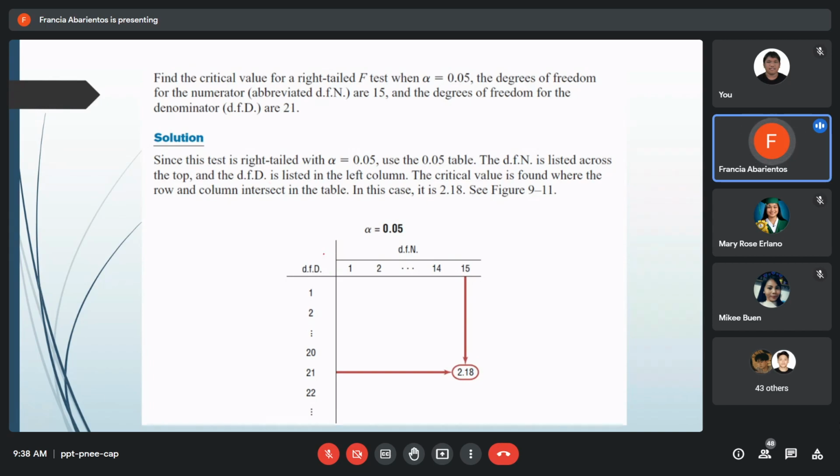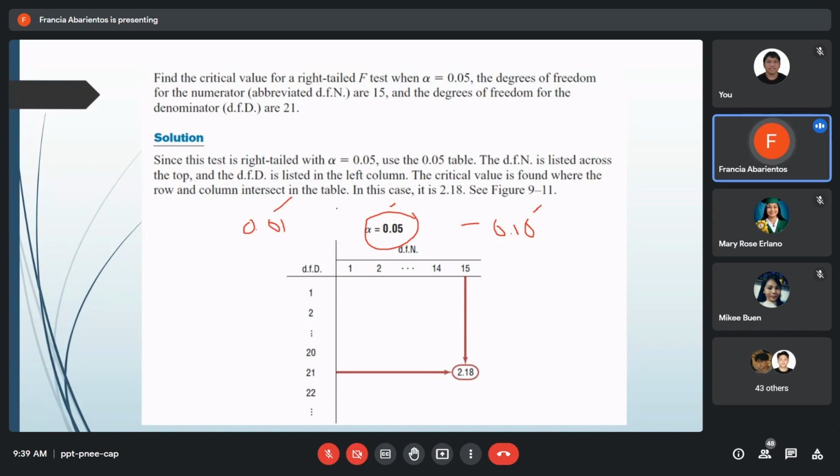So we have two tables, class. Ito yung general table. Hahanapin mo muna sa general table ang alpha, kasi may mga alpha 0.01, 0.05, meron din pang 0.10. Madami yan, kasi hahanapin mo yun sa table. We have different pages kung saan ka mag-fall.